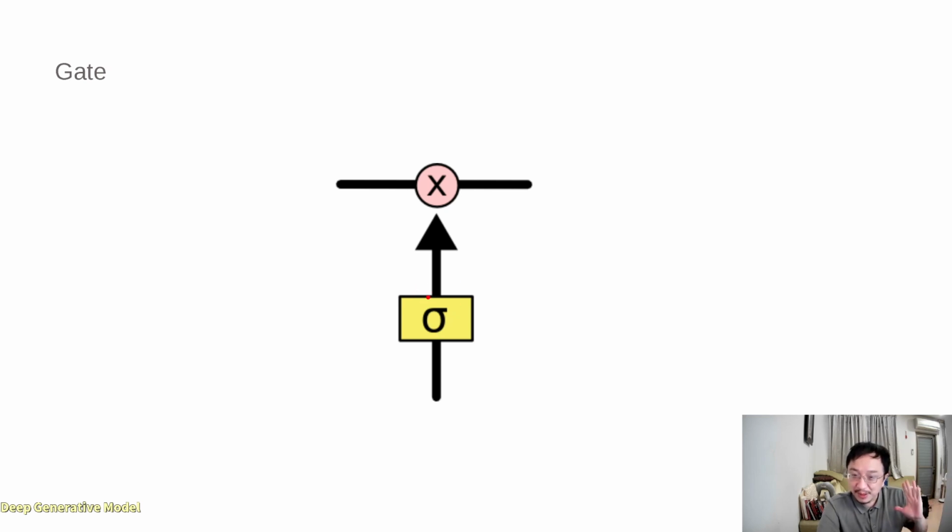So for simplicity, we imagine the output of the sigmoid to be 0 or 1, kind of like what we imagine of the output of softmax. The target of the softmax is usually one-hot, which contains only 0 and 1, but the output of softmax is never exactly 0 or 1. So for the sake of simplicity, imagine that our output is either 0 or 1.